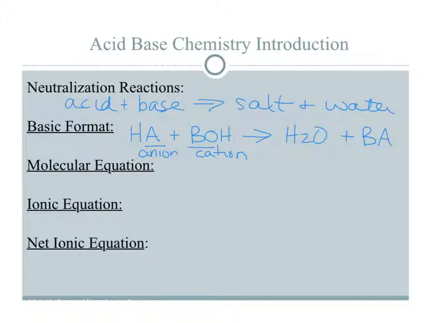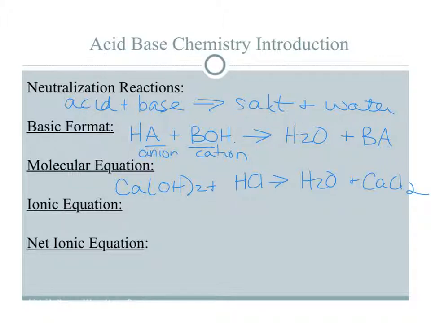So let's look at a molecular equation, ionic equation, and net ionic equation for an acid-base reaction. Let's use calcium hydroxide and HCl, which is going to produce water and calcium chloride.